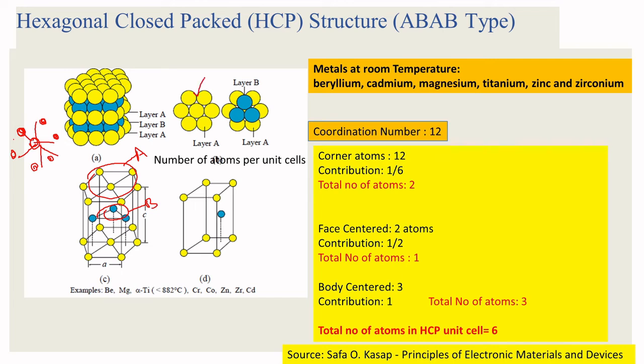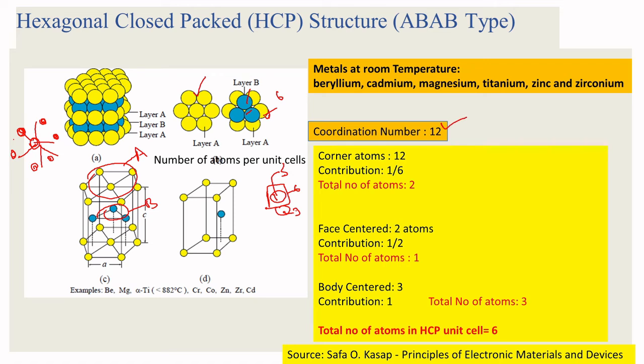This is a layer of 6. Above you have 3, and below also you have 3, right? If you take one, this is 6, above this you have 3, below this you have 3. So 6, 3, 3 gives a coordination number of 12.